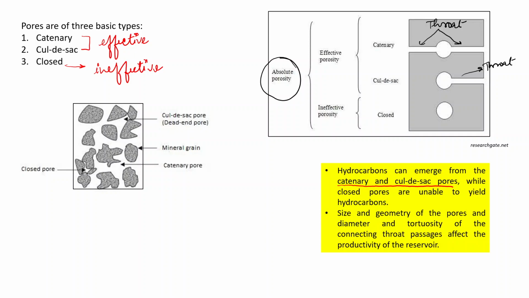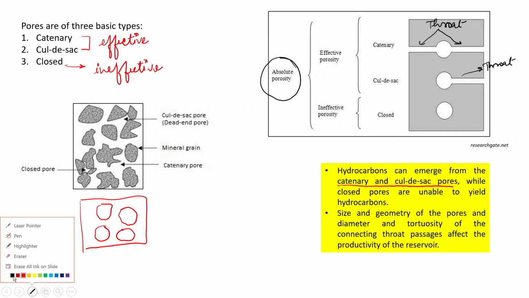And size and geometry of the pores and diameter and tortuosity of the connecting throat passes affect the productivity of the reservoir. So for example, we have a structure like this, and these are the sediment or mineral grains, and we have this pore over here, it is the catenary pore, and these are the throats.